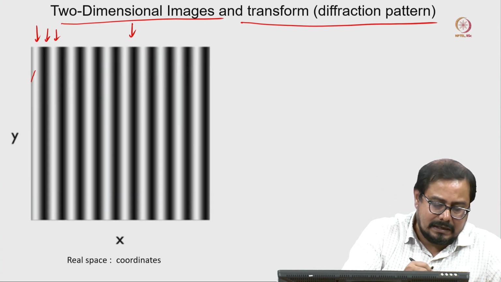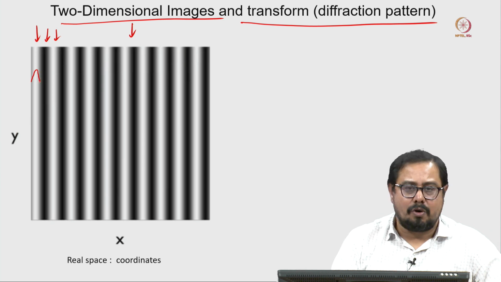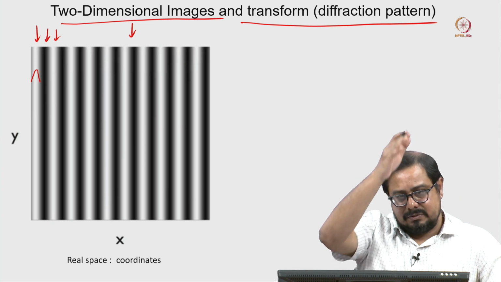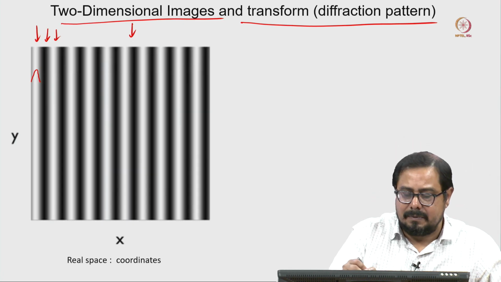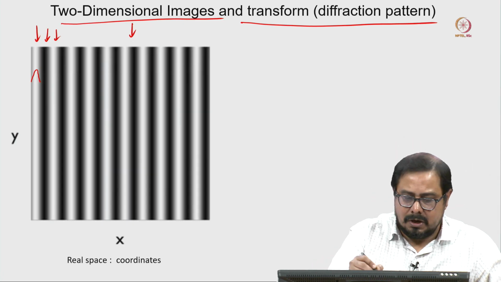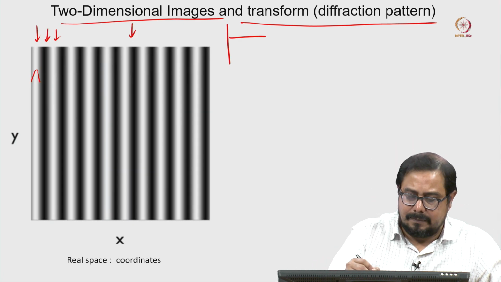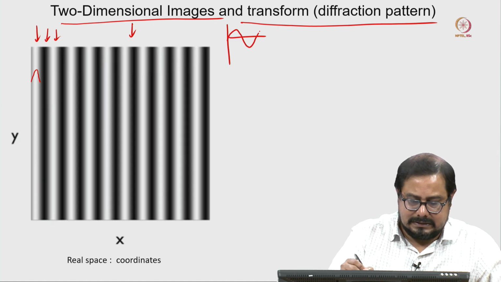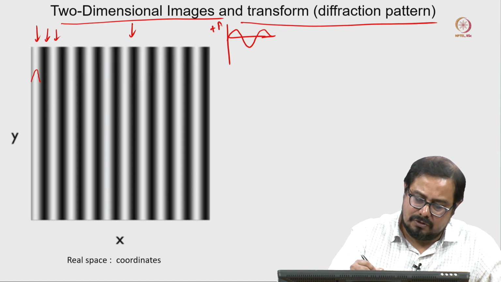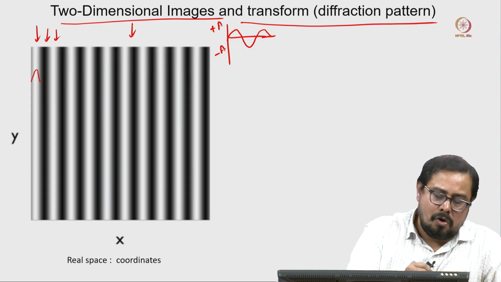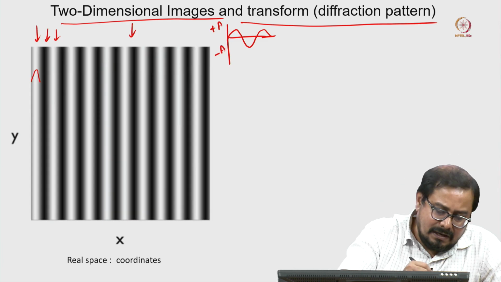I will say, okay, bright spot means I just use the plus amplitude. Whenever we are plotting something, if you remember, if we are plotting a sine, we say this is plus amplitude and this is minus amplitude. So, I am using a sine curve here.